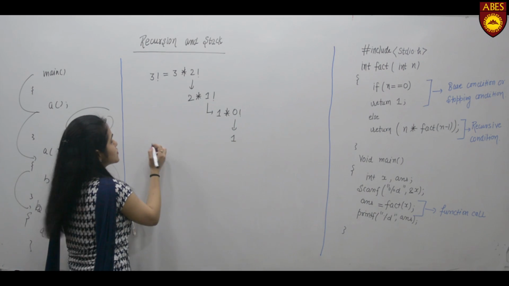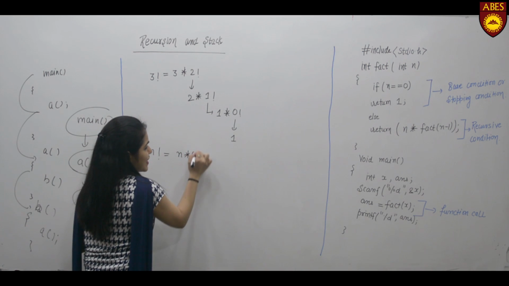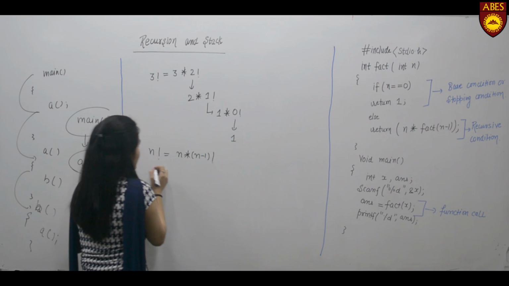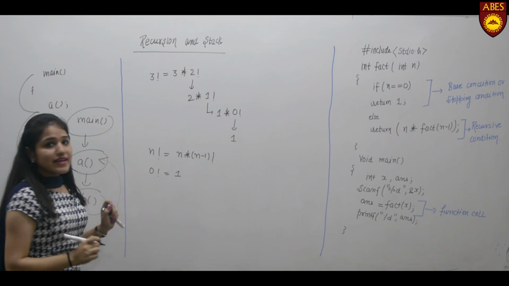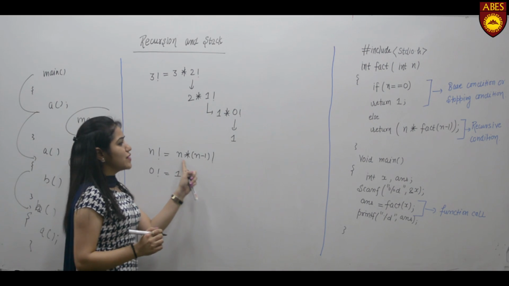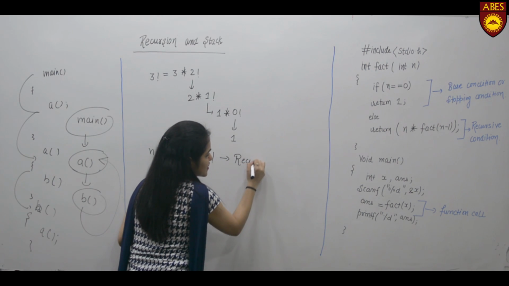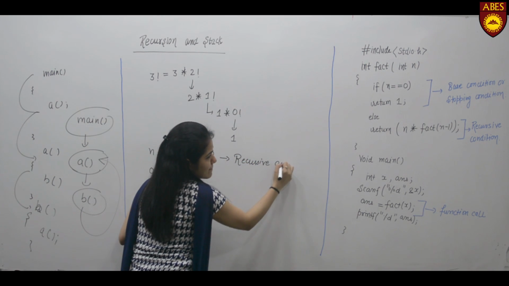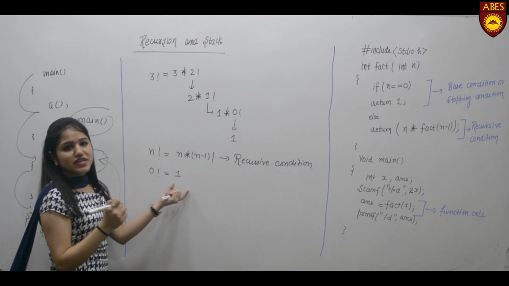Here we observe two things. n factorial is equal to n into (n minus 1) factorial, and 0 factorial is 1. Here n factorial is equal to n into (n minus 1) factorial. This is our recursive condition. And 0 factorial is equal to 1.